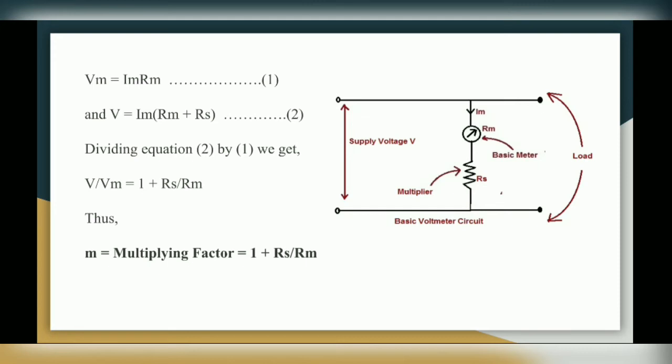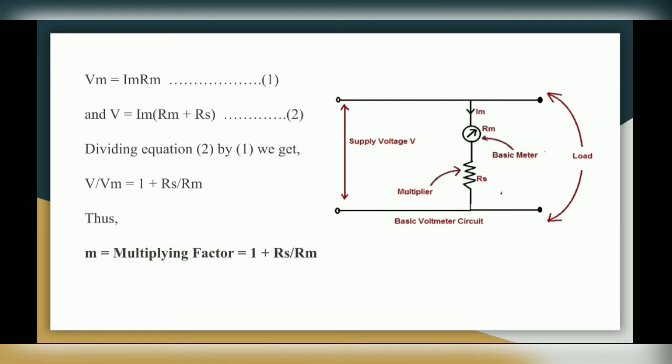Taking Im common, we get V is equal to Im in bracket Rm plus Rs, as these two resistances are connected in series. This is the second equation.